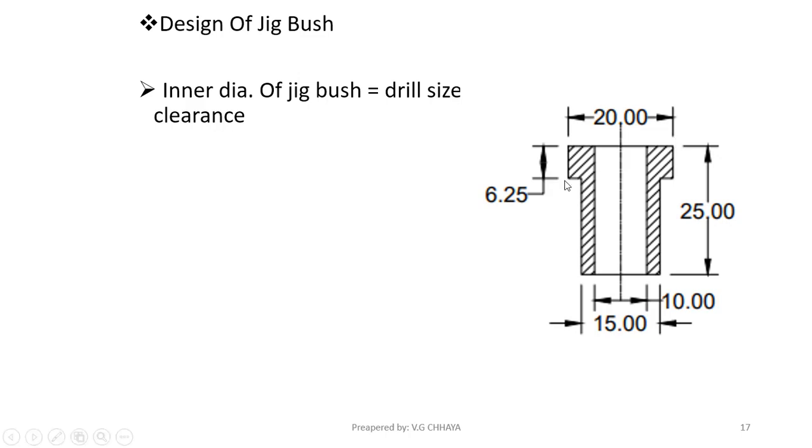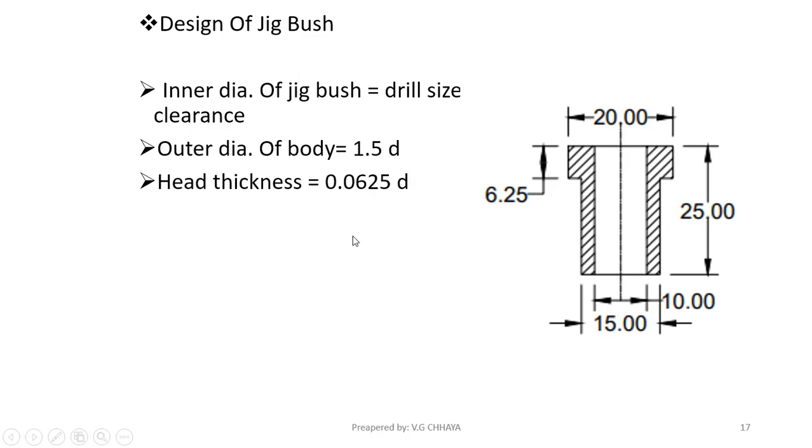So drill size is 10 mm and clearance is 0.025, so diameter will be 10.025. Outer diameter equation is 1.5d, so we multiply 10 with 1.5, so outer diameter will be 15 mm.